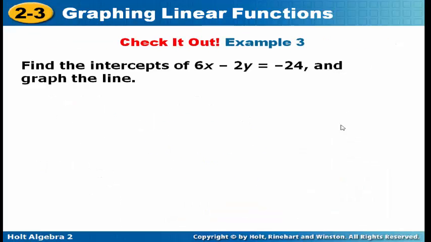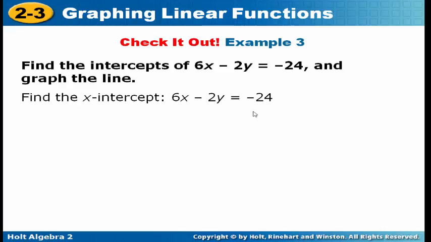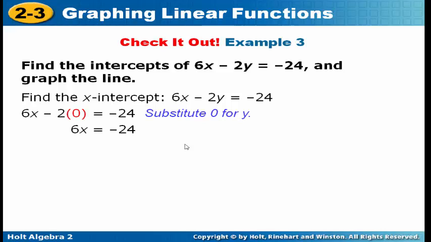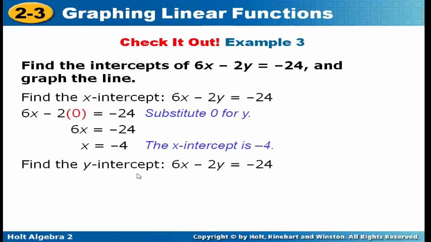Find the intercepts of 6x minus 2y equals negative 24 and graph the line. Find the x-intercept first, put y equals 0, so 6x equals negative 24, so x equals negative 4. Find the y-intercept of 6x minus 2y equals negative 24.